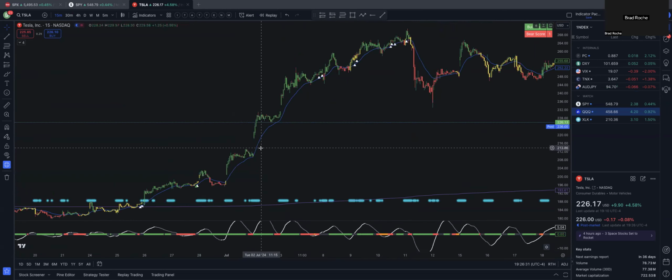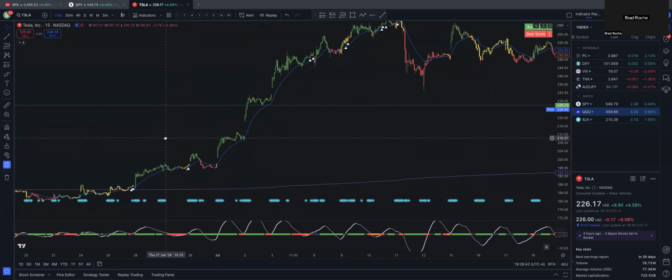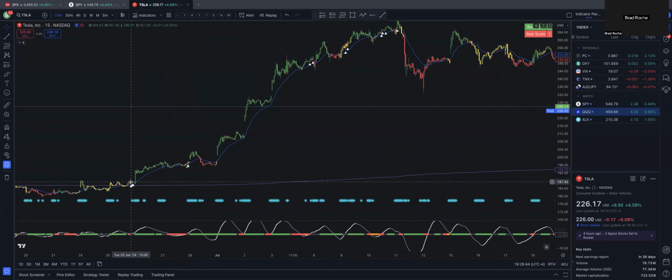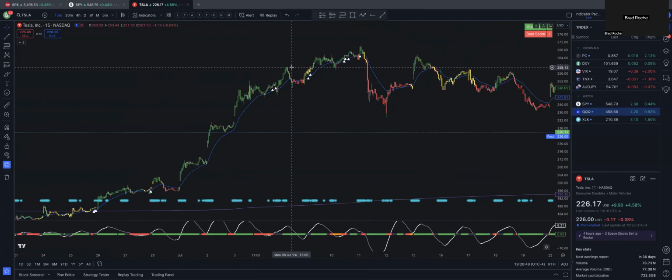This is key. And you will make a lot more money if you do this. I mean, I can't promise it because I don't know what you're doing on a day-to-day basis, but this is pivotal. This will change the game for you. Okay. Buy signals pop up, and keep popping up.